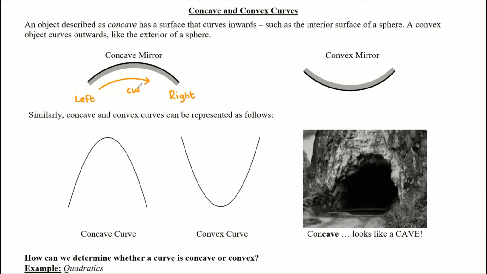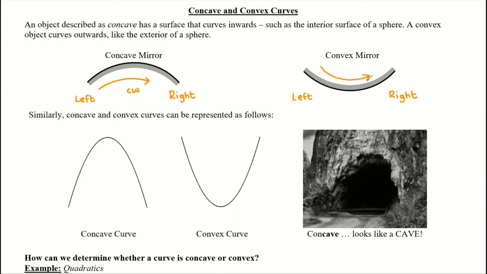And also, if we look at the counterpart to that, the convex, as we move from left to right. So I'm just going to write those on again, and I encourage you to do the same as well to get the concept clear. We have a convex curve. If I move along that surface, you'll notice that this time we're moving in the opposite direction.